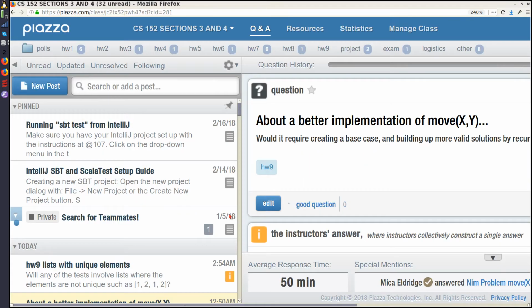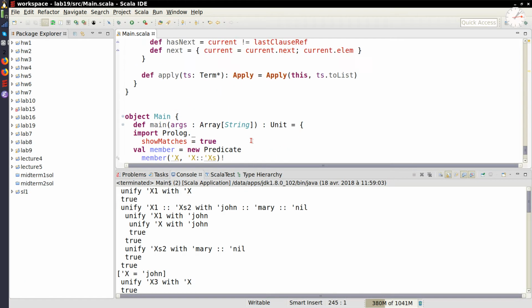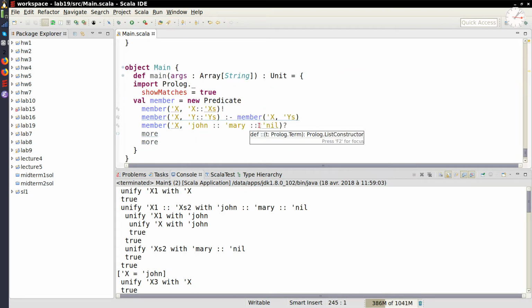All right, the other thing is when we run this little program to see the traces. First of all, note how nifty this is in Scala, where they overloaded the colon minus, and they overloaded the question mark to be a query. They couldn't overload the dot, since the dot is not one of the overloadable operators, so they did the next best thing and used the exclamation mark.